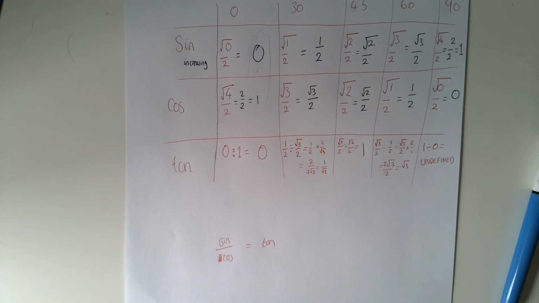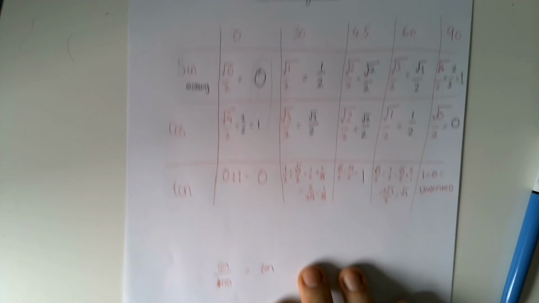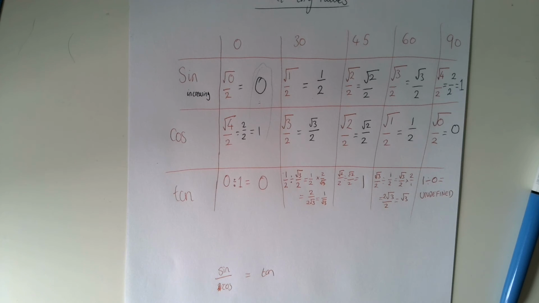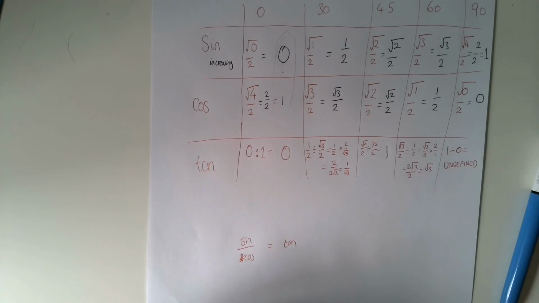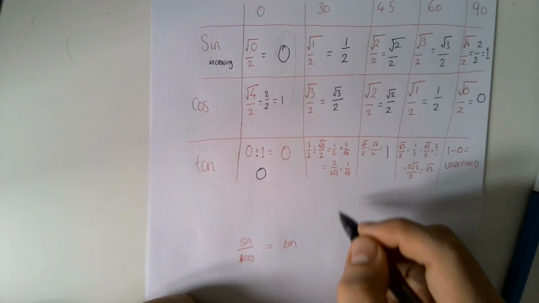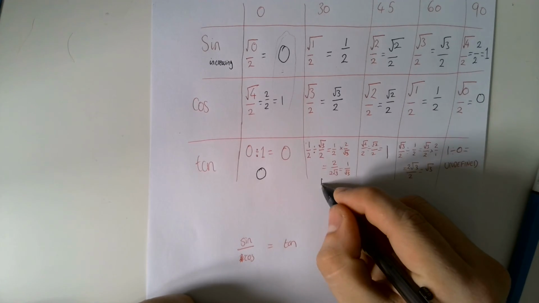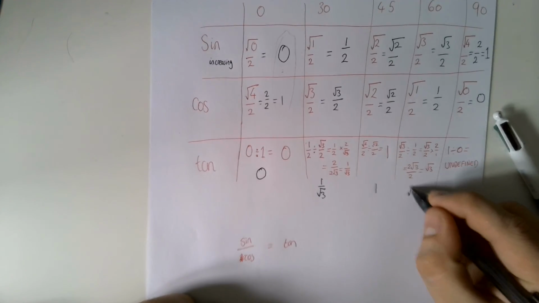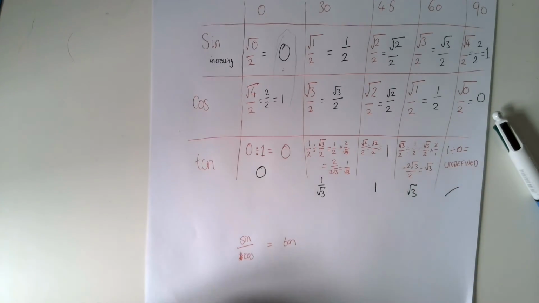Okay, so just remember, all of these are based on the square roots from 0 to 4 all over 2. I'm just going to fill in the table properly here. So 0, 1 over root 3, 1, root 3, and undefined. I'm just going to put a slash there.